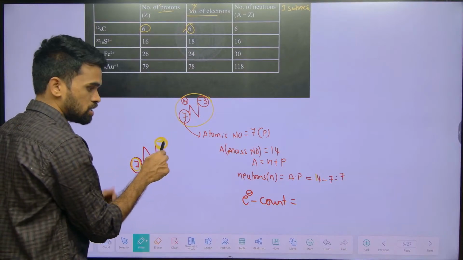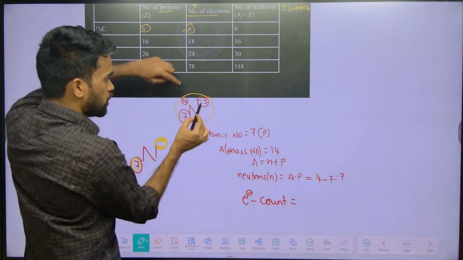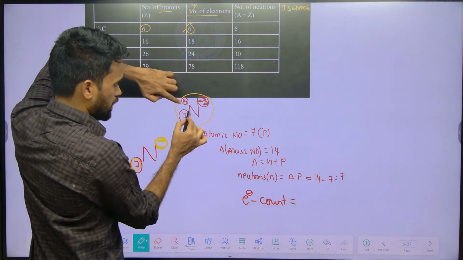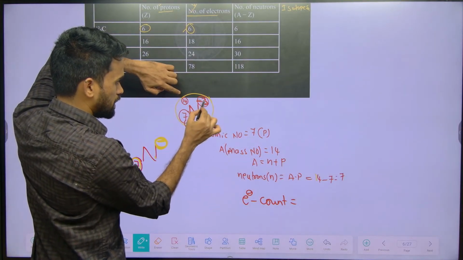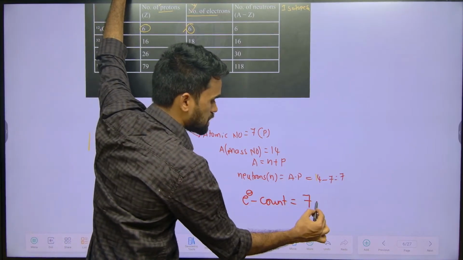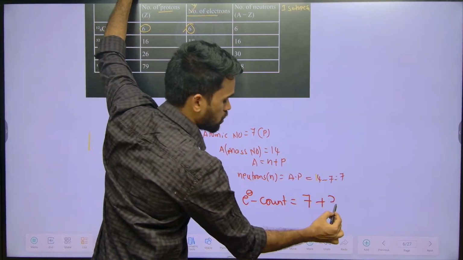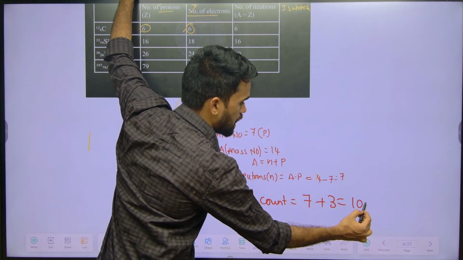It is a negative charge now, so this nitrogen atom gained 3 electrons, that's why it is minus 3. Initially the atom has 7 electrons and the total charge is minus 3, so the total electron count will be 10 electrons.